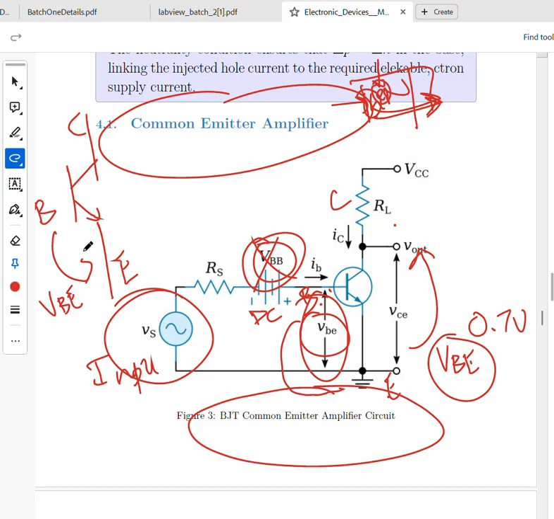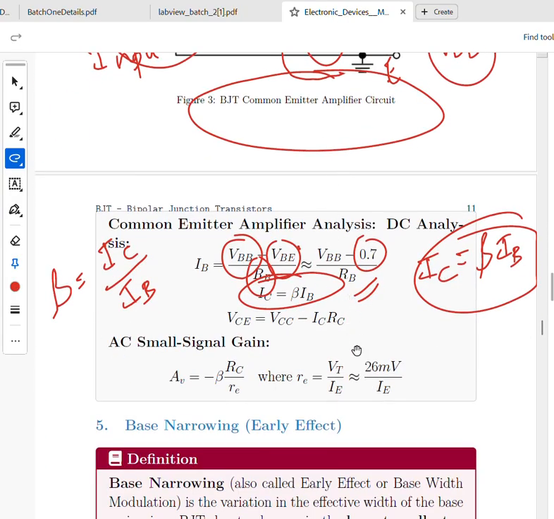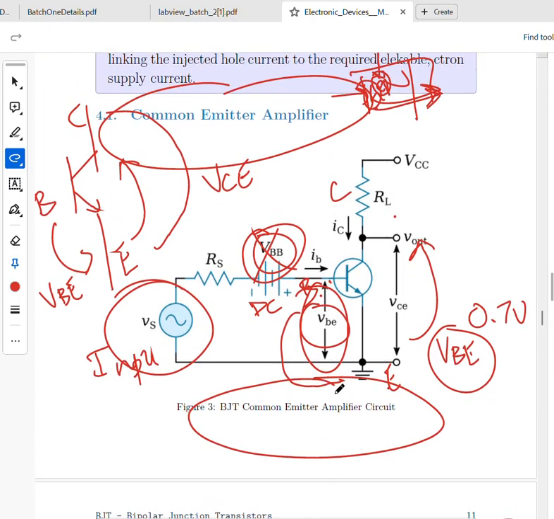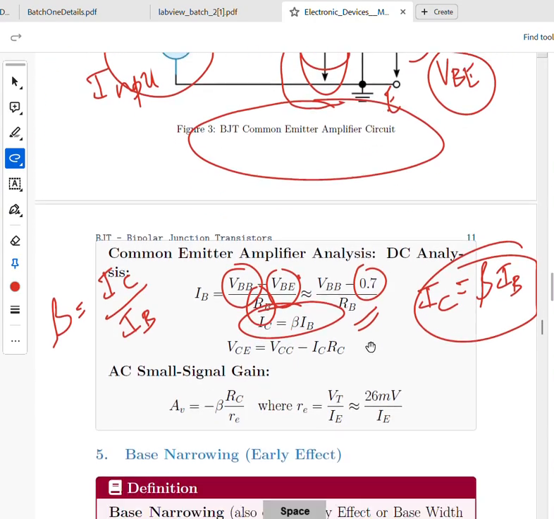This will create forward bias and transfer current, correct? But there is also another voltage set between collector and emitter called VCE. This is very important because the VCE voltage will directly determine the switching operation and everything. We'll get back to that as well.